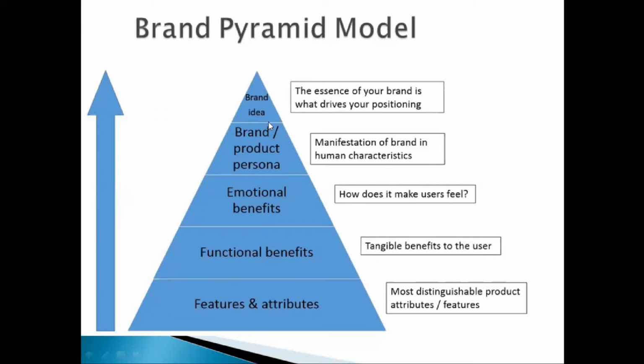And then the tip of the pyramid is very important. This is the essence of your brand. You know, the essence of your brand is what drives your positioning. How I choose to look at that tip is how do you intend to dent the universe? That's a smart way to look at that tip. Because if you're building a brand for just your locality, that's good enough.